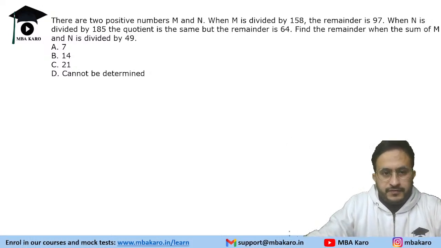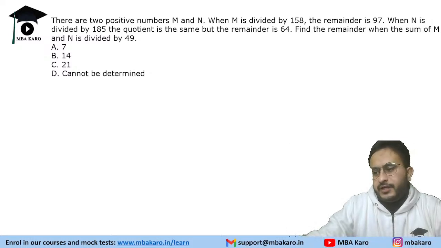So you need to find the remainder when the sum of m and n is divided by 49.